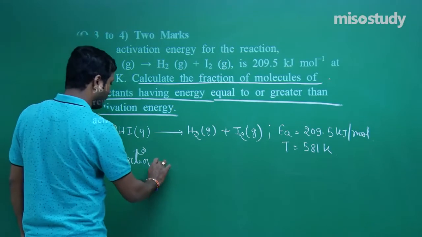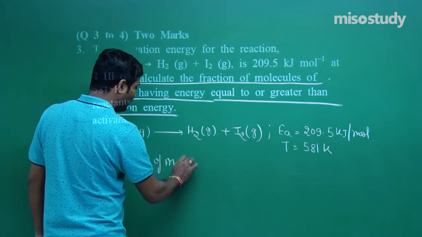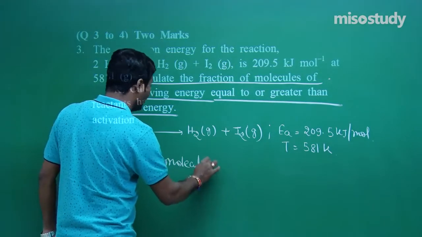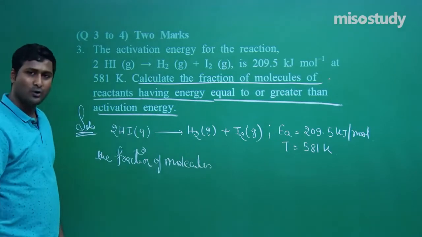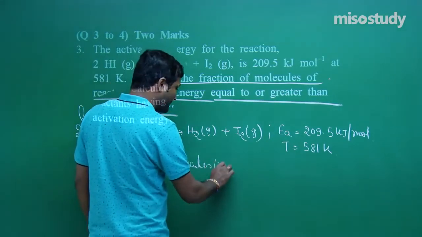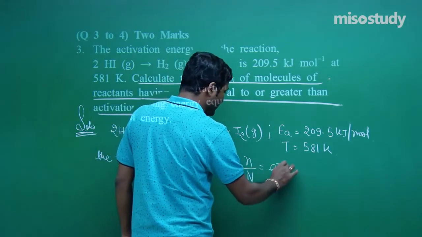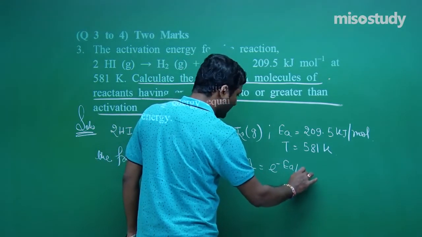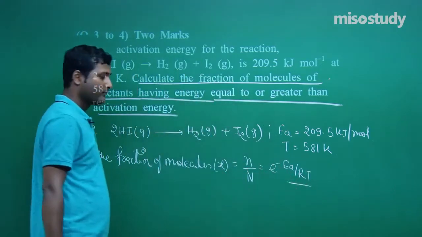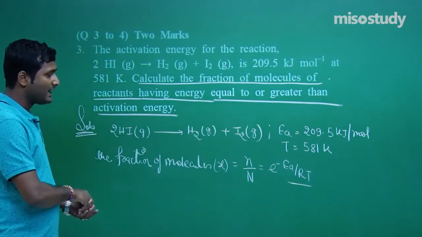The fraction of molecules having energy greater than or equal to activation energy, x is equal to e^(-Ea/RT). This is the case, that is Ea upon RT.